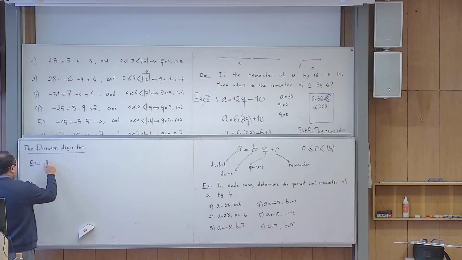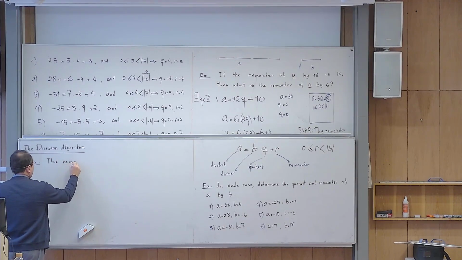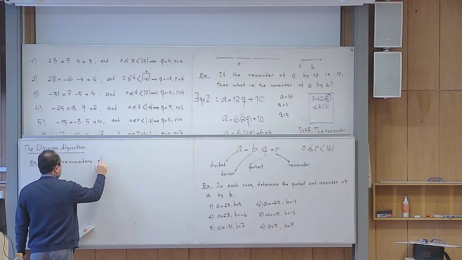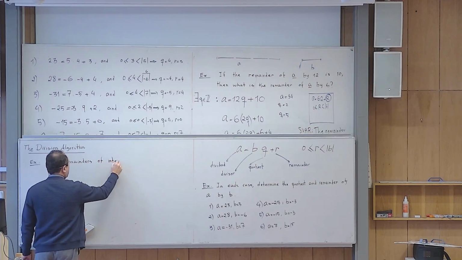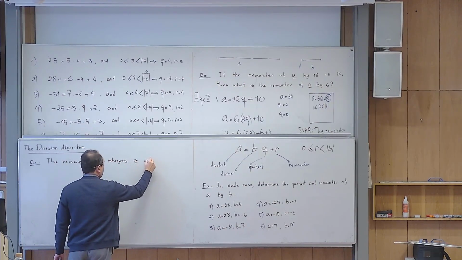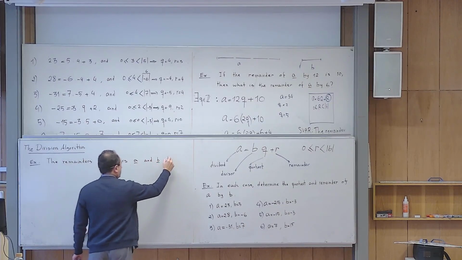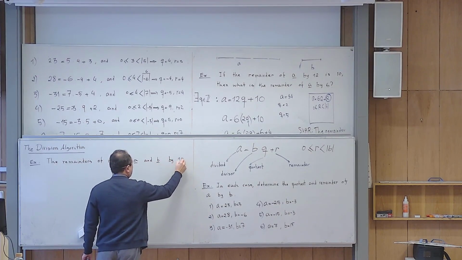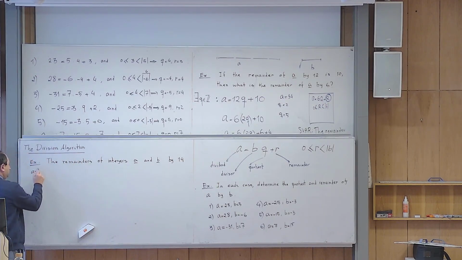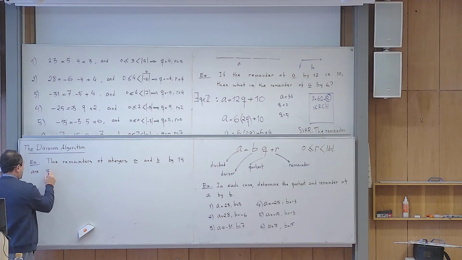The remainders of integers a and b by 19 are 3 and 17 respectively.